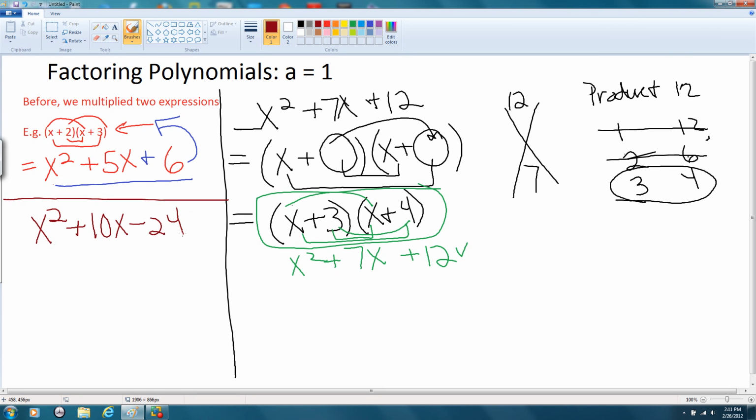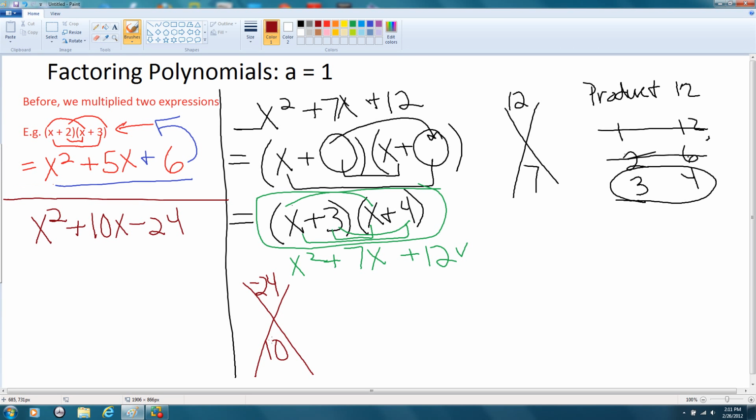And I'm looking for something whose product is negative 24, and whose sum is the middle term of 10. Well, let's start writing factors of 24 over here.